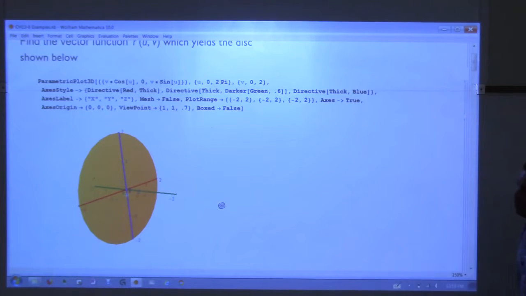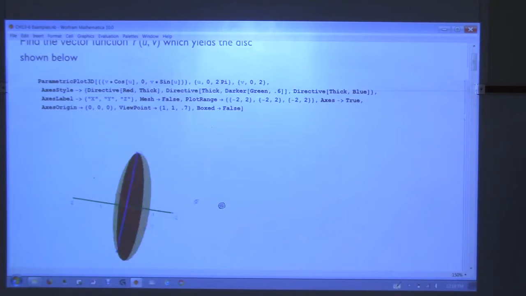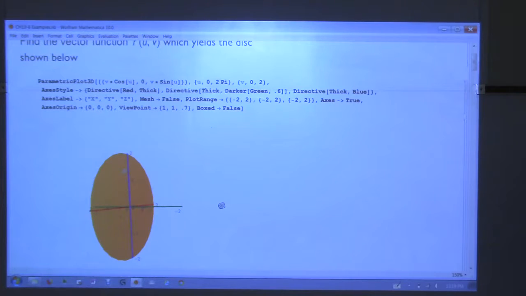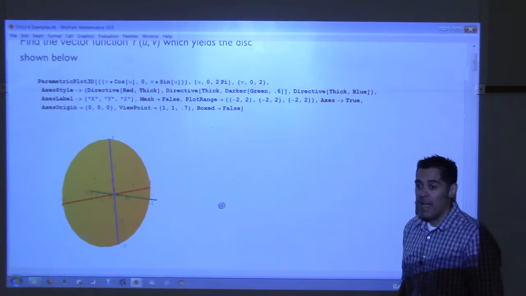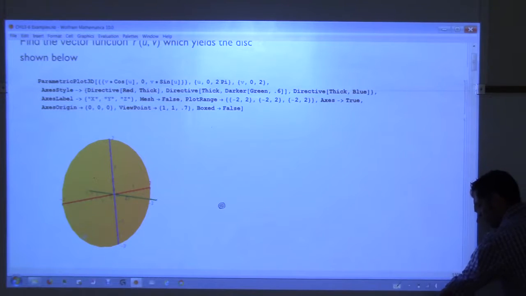So I want us to draw this surface. It is a solid disk, isn't it? How can we do this using a vector function?